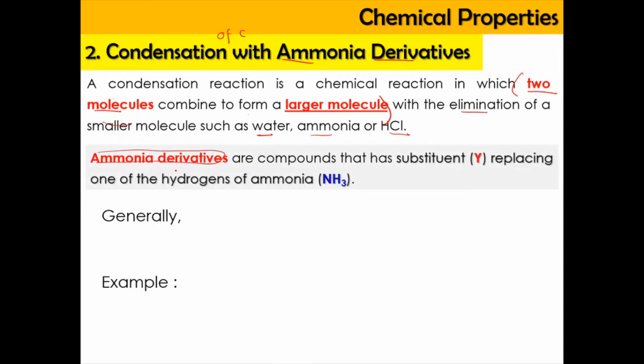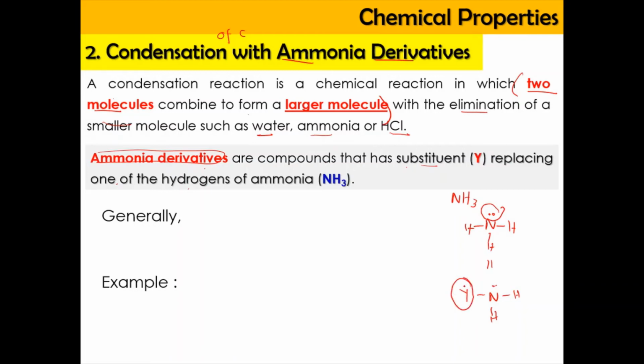An ammonia derivative here means a compound that has a substituent replacing one of the hydrogens of the ammonia. You know that ammonia, which is NH3, has 3 bonds with hydrogen, and then it has a lone pair. Now we're going to change one of the hydrogens into Y, which is another substituent.